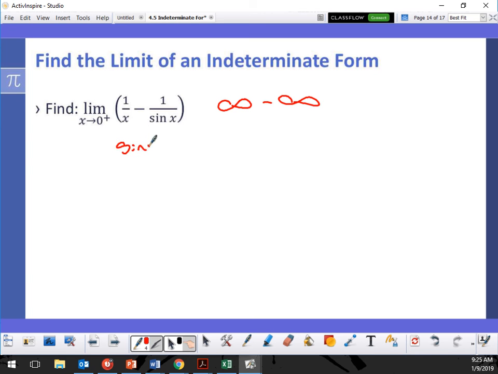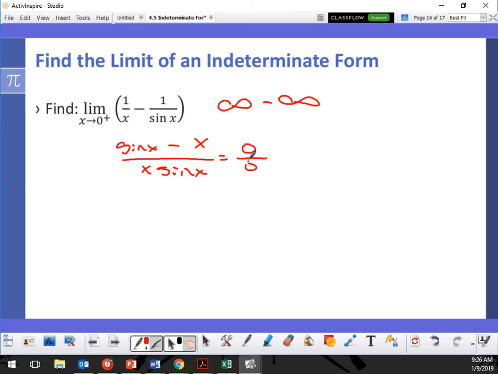Sine x minus x over x sine x. So it's going to be just 0 over 0. That works. Okay, so let's plug it in. So this is going to be 0 here, right? Minus 0, divided by 0. So it's going to be 0 minus 0 over 0. Yeah, 0 over 0, right?